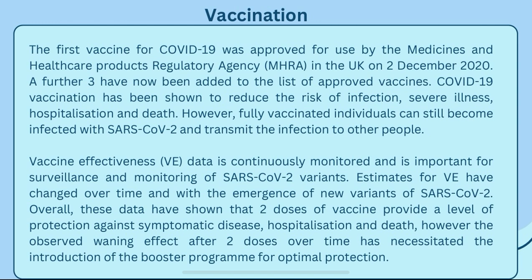However, fully vaccinated individuals can still become infected with SARS coronavirus 2, and they can further transmit the infection to other people. The vaccine effectiveness data is continuously monitored, and it is important for surveillance and monitoring of SARS coronavirus 2 variants.